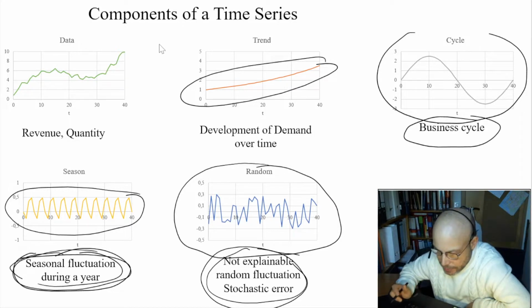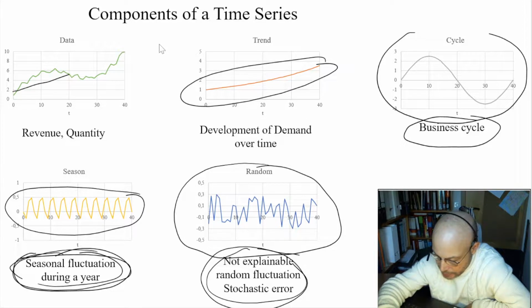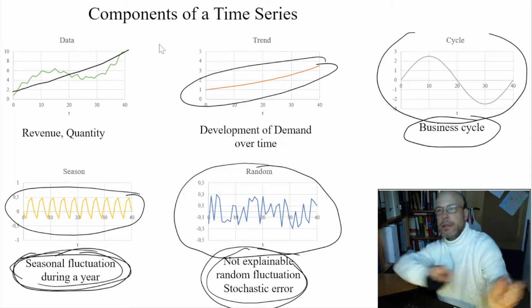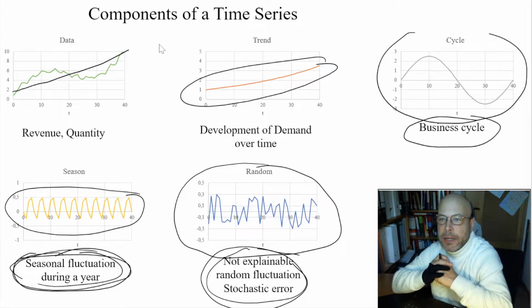If we look at this data set, then of course in general we could say that the revenue data is going up during time. And this should hopefully be the case if you are managing your company.